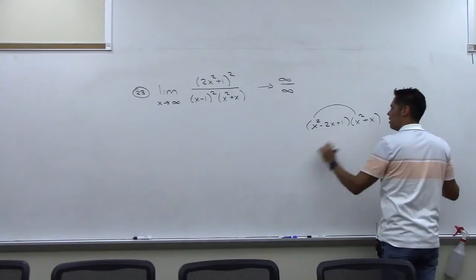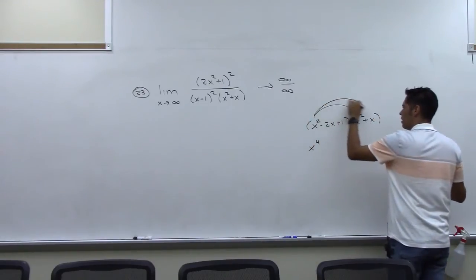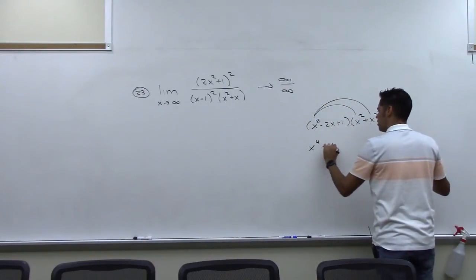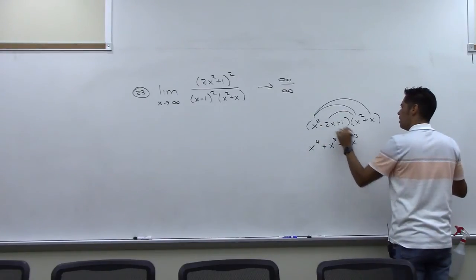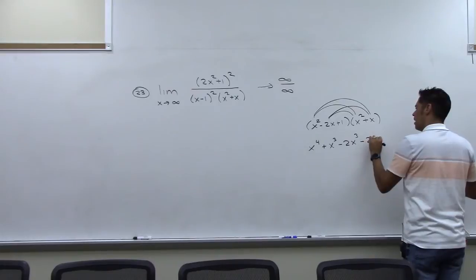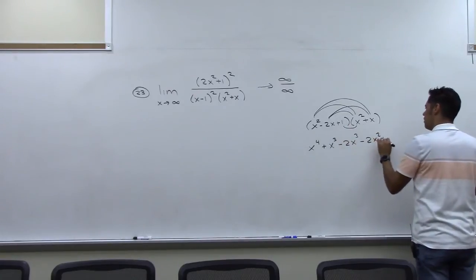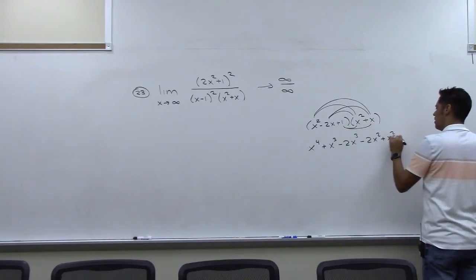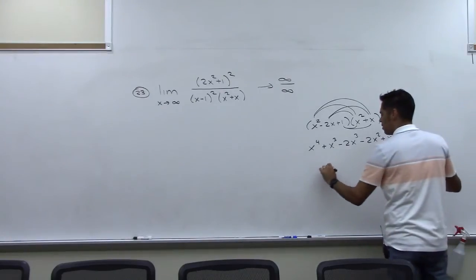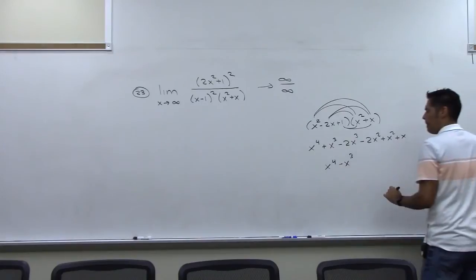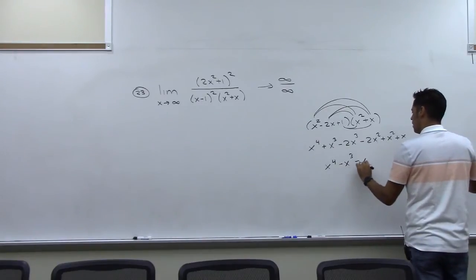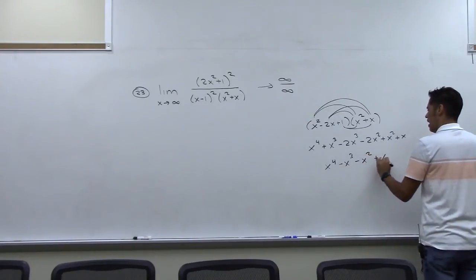Now here times here, x to the fourth, here times here, plus x cubed, here times here, minus 2x cubed, here times here, minus 2x squared, here times here, plus x squared, here times here, plus x. And this is x to the fourth, minus x cubed, and then minus x squared, plus x.